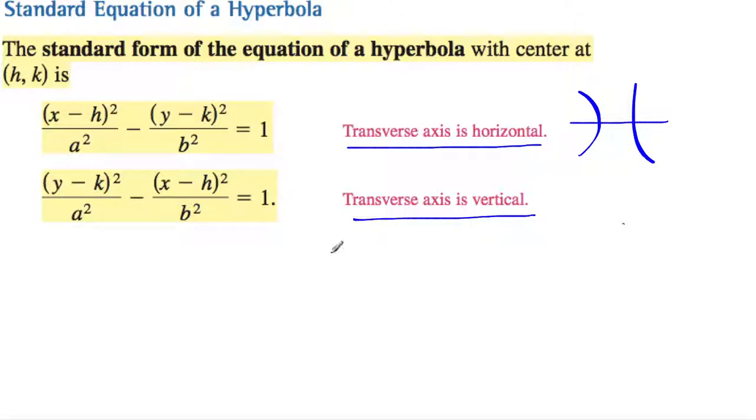When the transverse axis is vertical, they wouldn't be functions because with 2 points, the vertical line test fails. Here, we can see that this is vertical, so y-axis, a value, and that's how we get that.